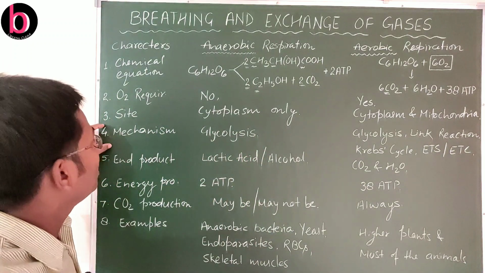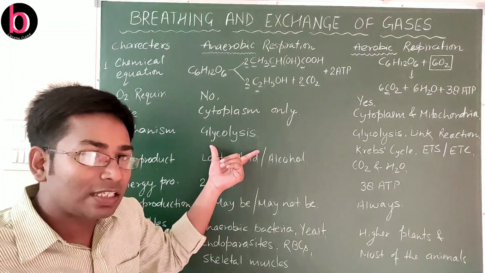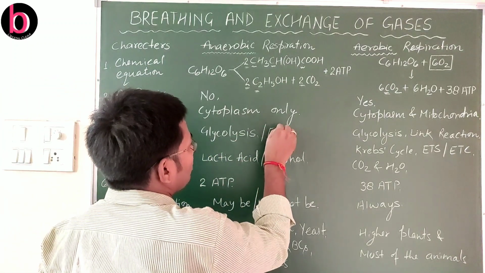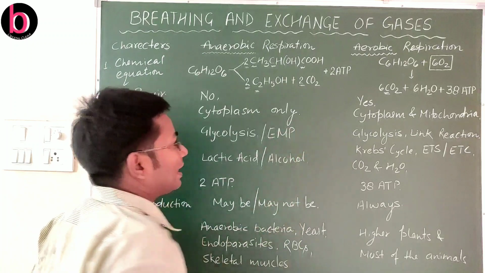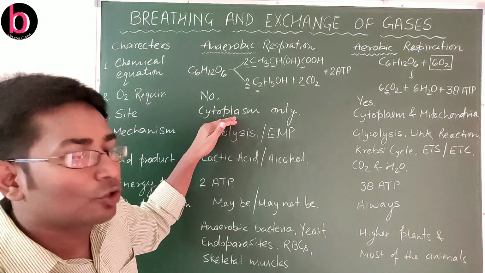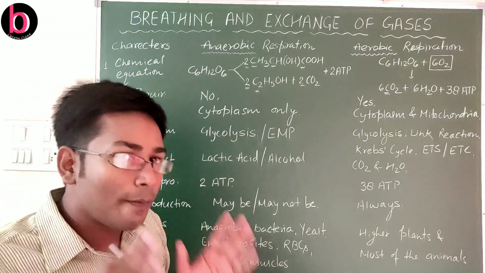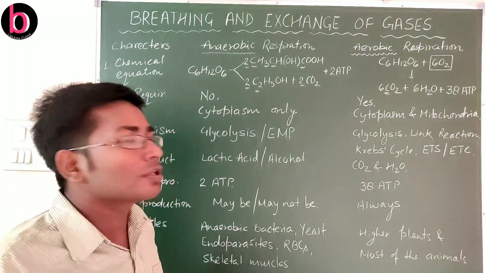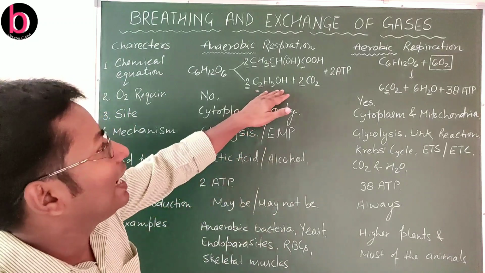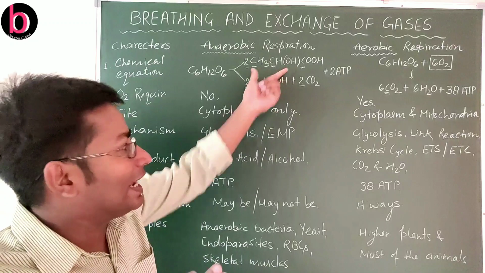Next one is about the mechanism. During anaerobic respiration there is only glycolysis, also known as the EMP cycle or EMP pathway, that occurs in cytoplasm. During this cycle, glucose is converted into pyruvic acid, also a 3 carbon compound, and that pyruvic acid is later converted into alcohol or lactic acid.